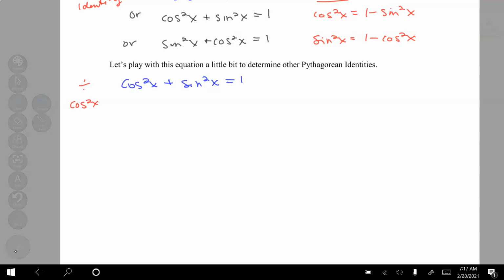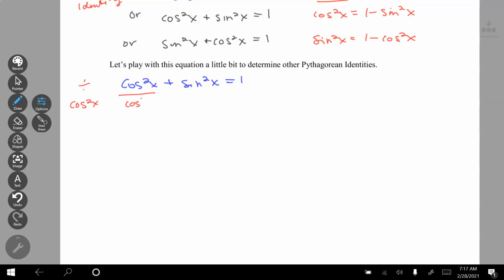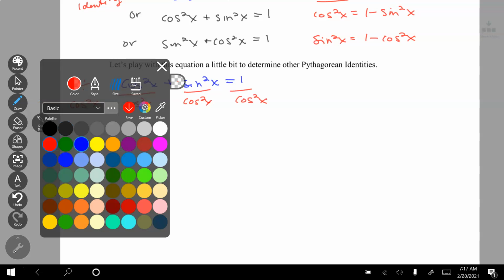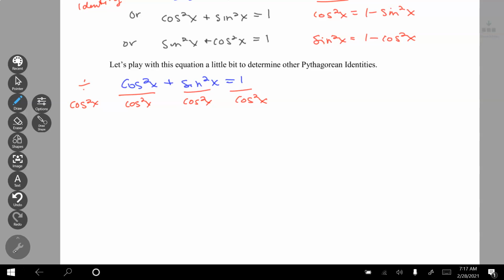One way to play with it is to divide every term by the same quantity, or in this case, cosine squared of x. Once, twice, 3 times. And when I do this, cosine squared over cosine squared is going to be 1 plus, if sine over cosine is tangent, then sine squared over cosine squared is tangent squared x equals, and along with that, if 1 over cosine is secant of x, then 1 over cosine squared is secant squared of x.